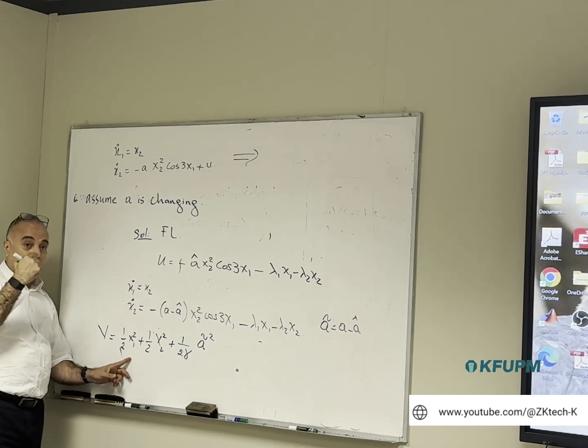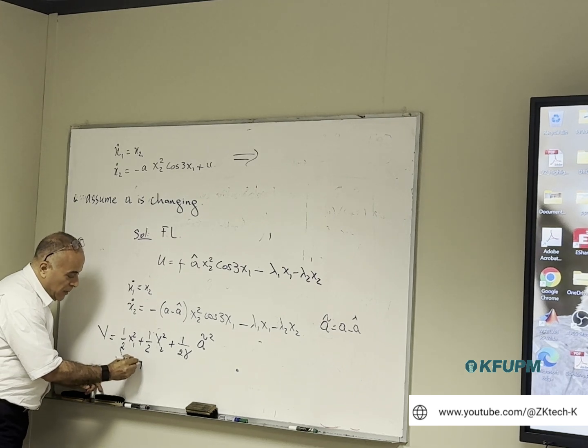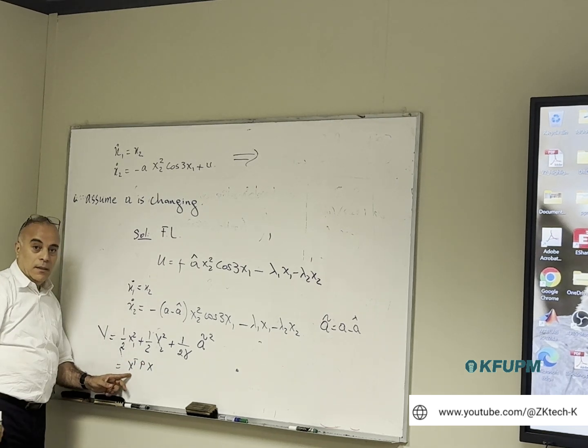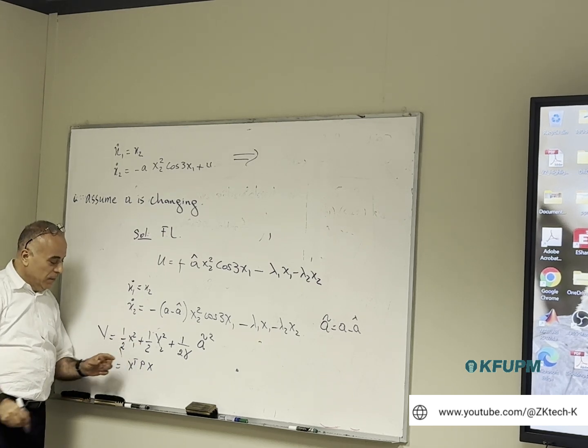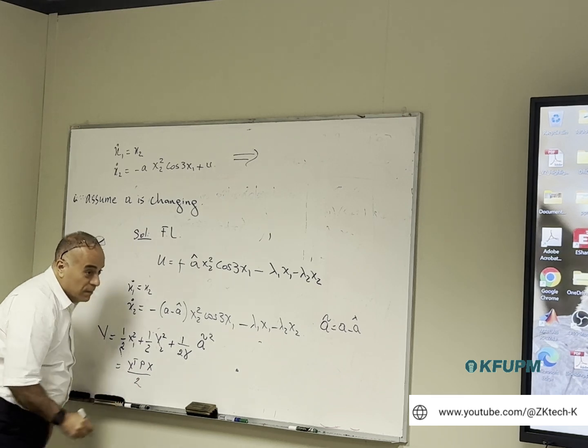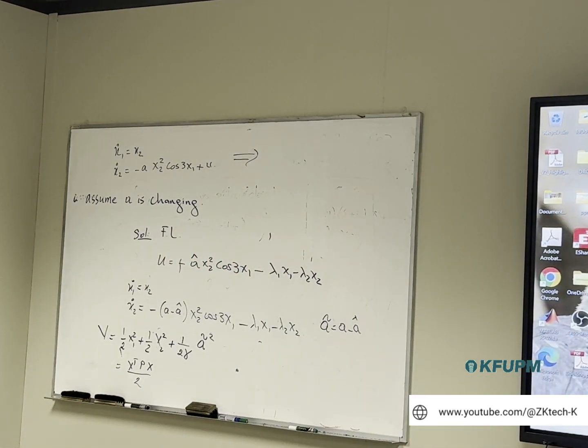In general, if you go back to your slides, you will find x transpose P x, right? But P here is the identity matrix. Or you can put half here also. P can be any symmetric positive matrix.